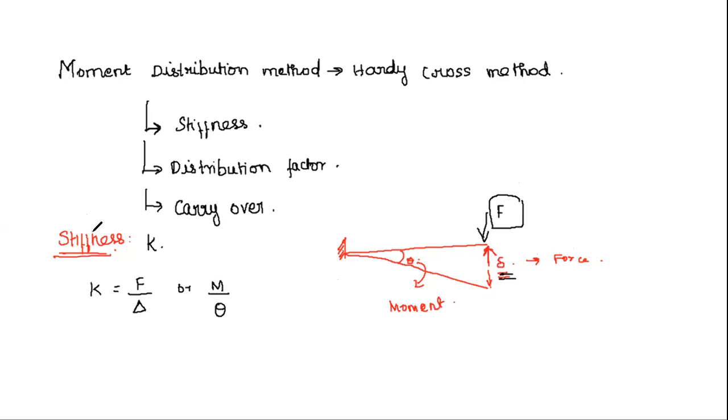That relates to the term stiffness. It is the force required to be applied at a joint so as to produce unit deflection, or else the moment required to produce unit rotation. Rotation is represented by theta. Moment required to produce unit rotation at that joint.